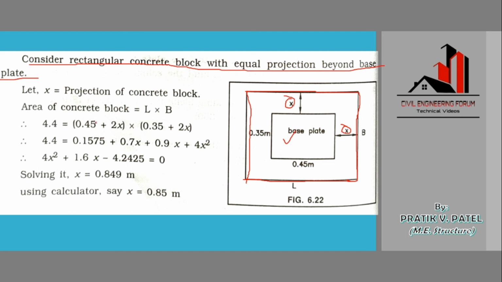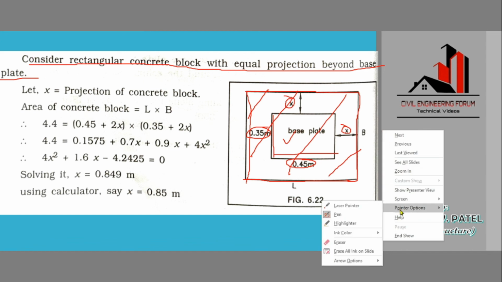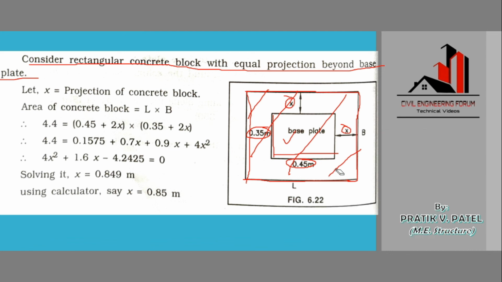One of the dimensions of our base plate is 0.35 meter and the other is 0.45 meter. Now in order to calculate the length and width, what we have is the total area, that is the entire area of the top surface of this concrete block.